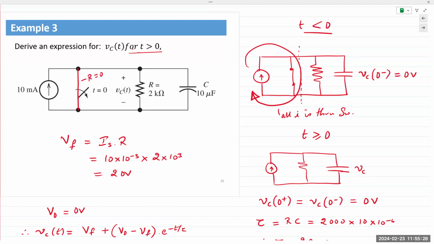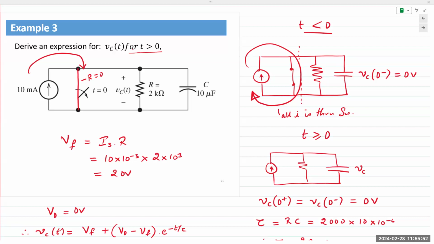If R is equal to 0, current is infinite. All of the current will always take the path of least resistance, so all of the current is flowing through that pathway. Now, in real life, this would never be the case. We would not short out the terminals of a power supply. It would simply explode, right? So we do not do that.